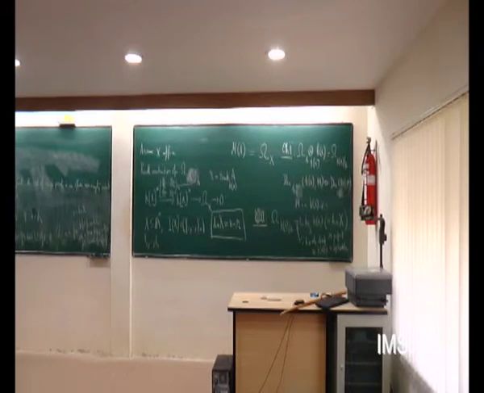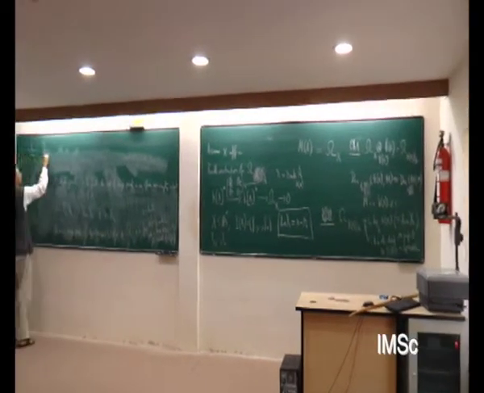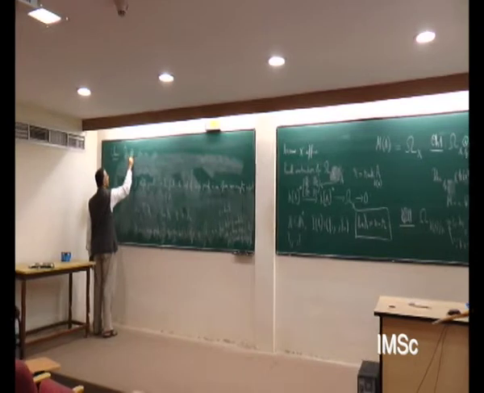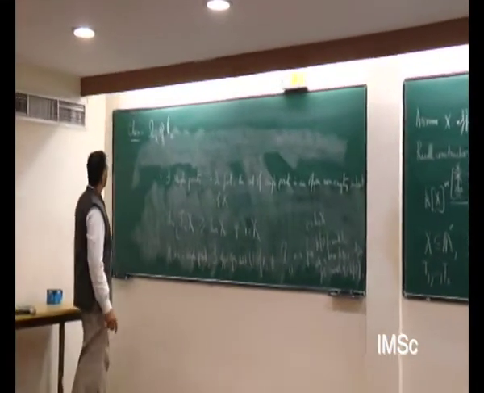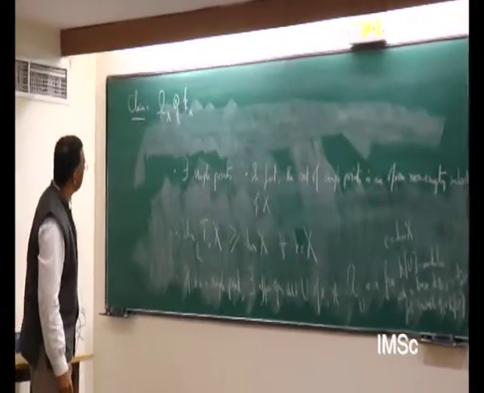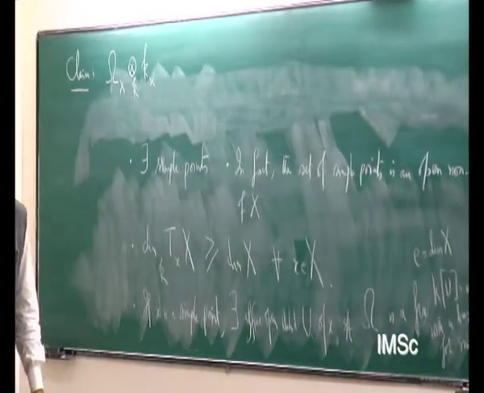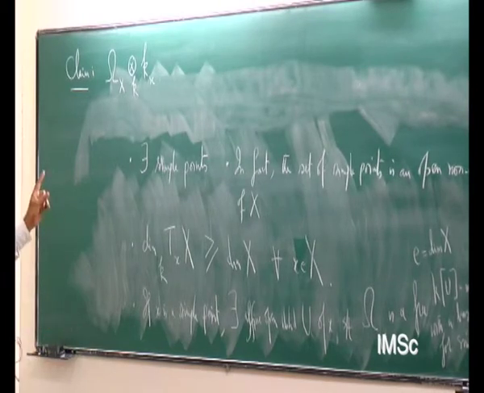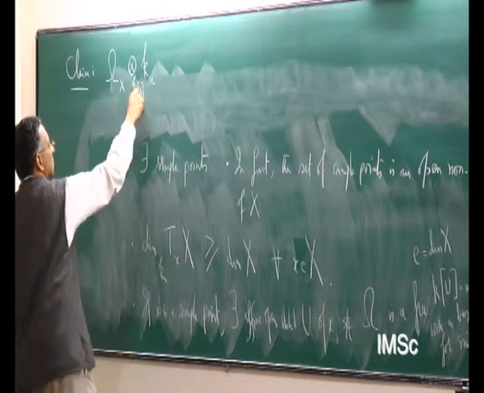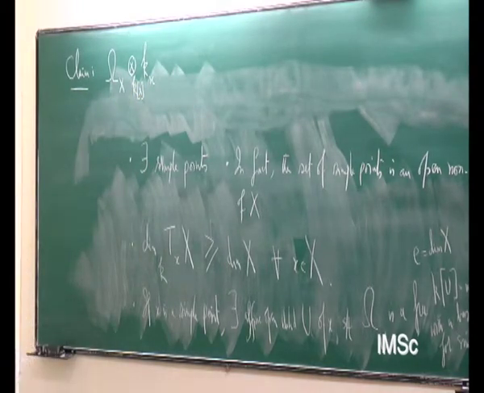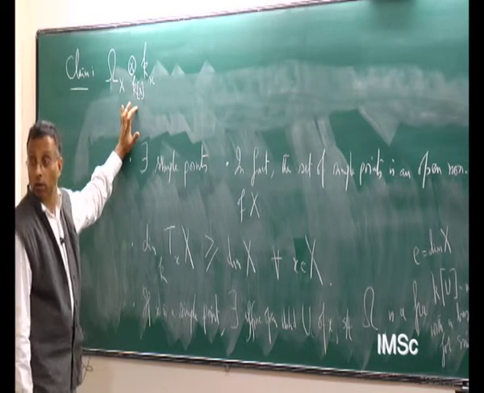I want to say that I take omega x tensor, that makes sense because this is a kx module, right?